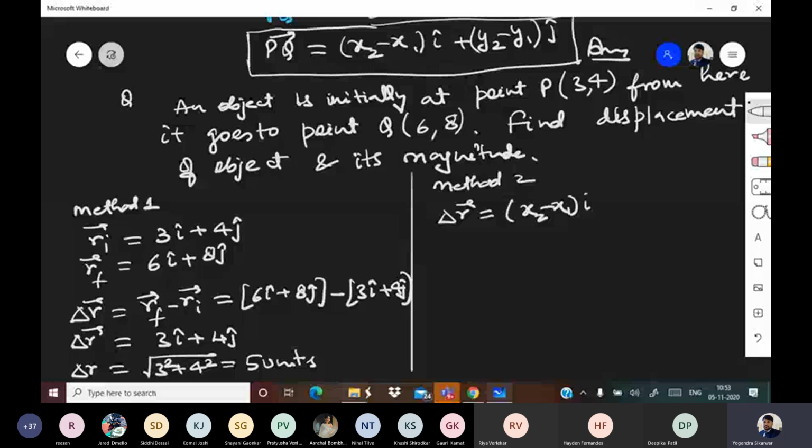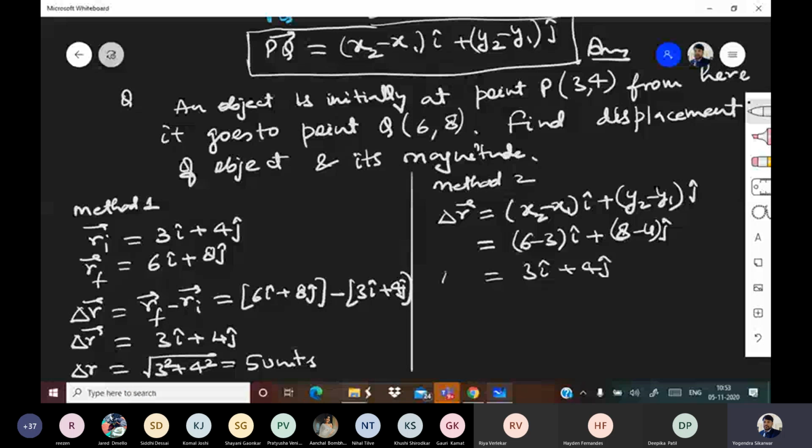This gives you 3 i cap plus 4 j cap. So that gives you delta r is equal to under the root of 3 square plus 4 square, which is 5 units. All right. So that is how we get the answers. Both methods are easy.